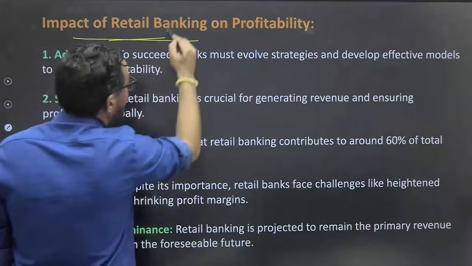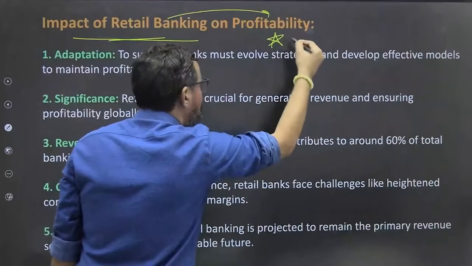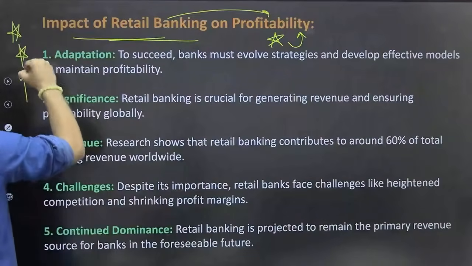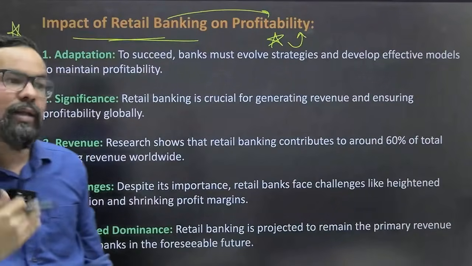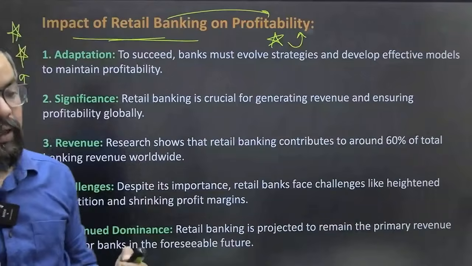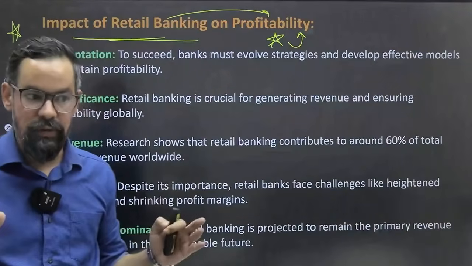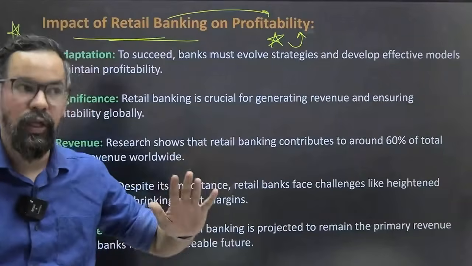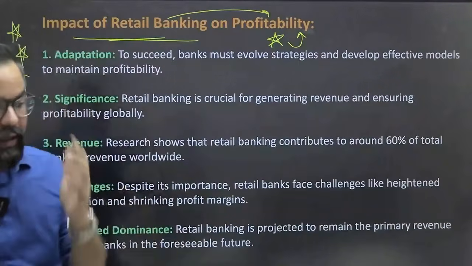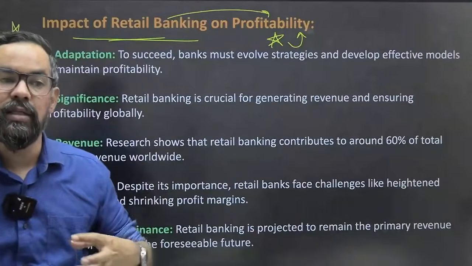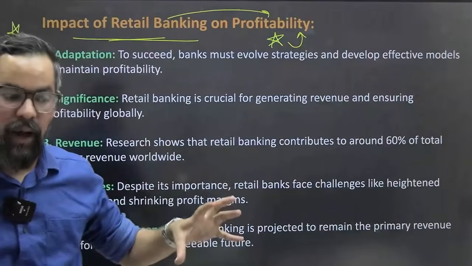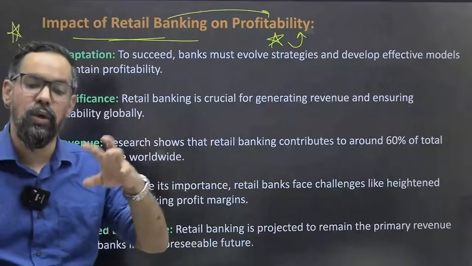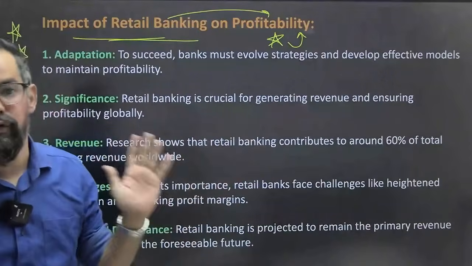Impact of retail banking on profitability will be part of your Unit 4 also, and again it is very important. Retail banking helps us in many ways. Majorly we use it for diversification in our portfolios, on both the asset and liability sides. Another good thing, especially in the Indian market, is that we have masses and a huge population, so if your product works, it will make a huge profit for the branch.